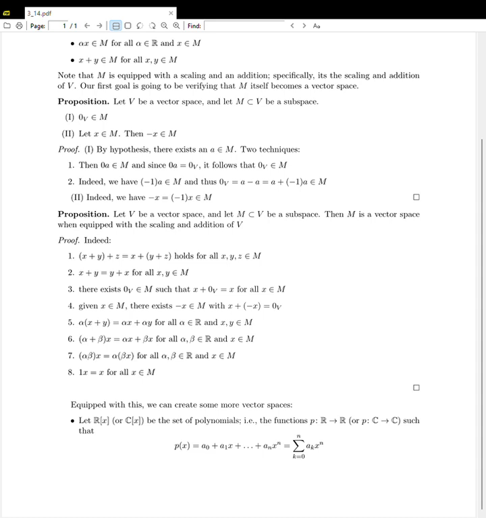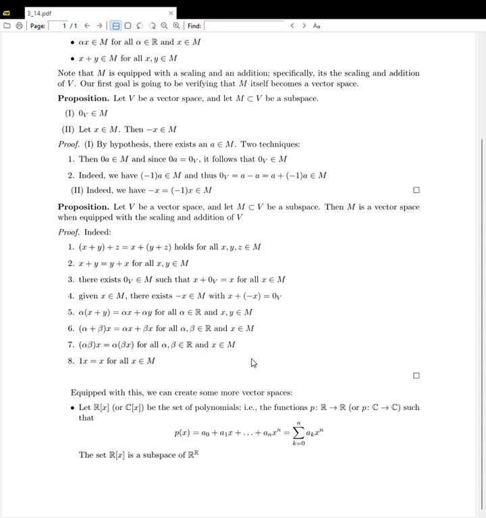Okay. Easy to verify claim. So this is in fact a subspace of the set of real-valued functions coming from the reals, and it's pretty easy to verify that it's a subspace. So let's sort of quickly do that.